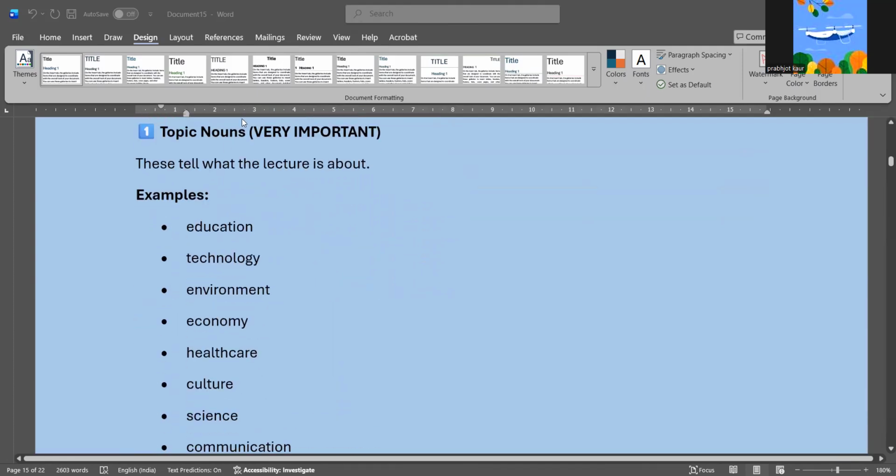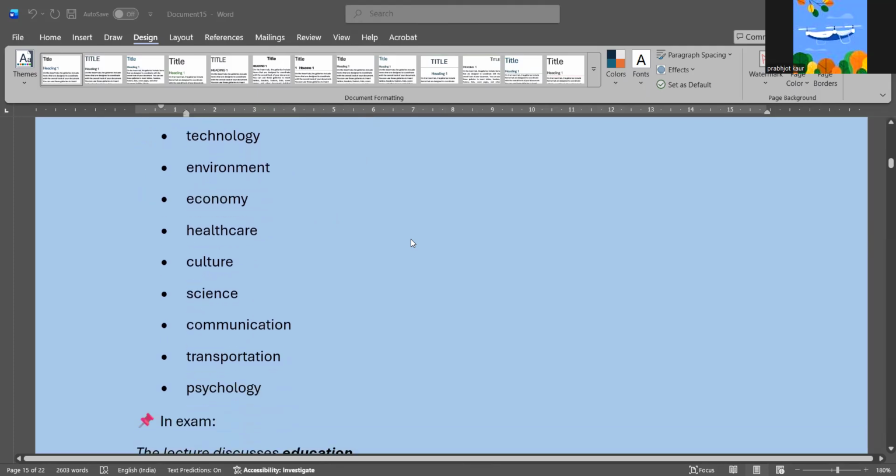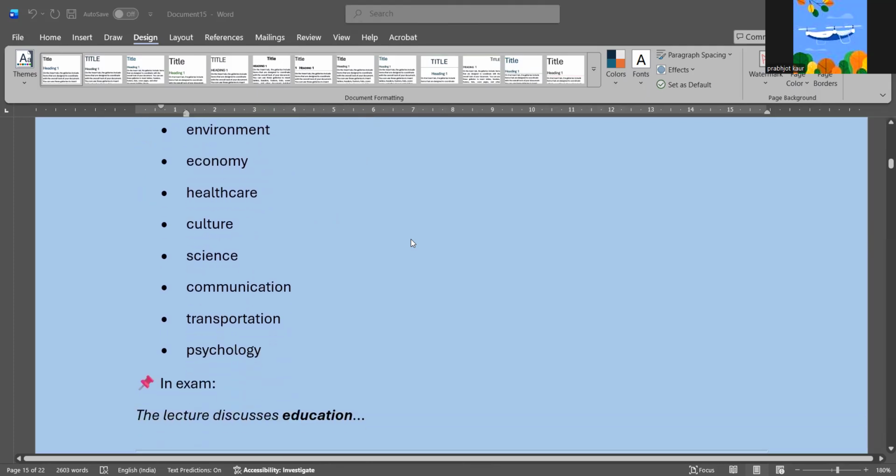So here are some topic nouns. These are very important. You should focus more on nouns as compared to adjectives, adverbs, or verbs. So focus mostly on nouns: education, technology, environment, economy, healthcare, culture, science, communication, transportation, psychology.